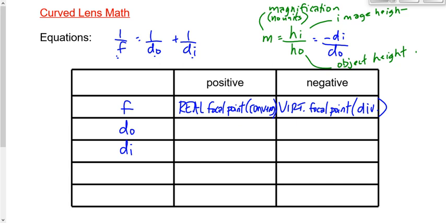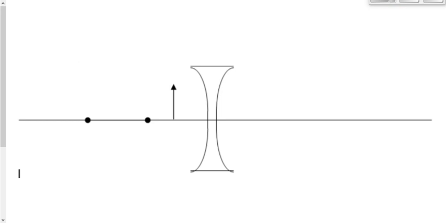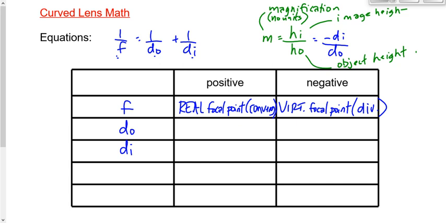They diverge away from the focal point, right? We draw that ray diagram here. That's not converging at any focal point. That's diverging away from the focal point. So a converging lens always has a real focal point or a positive F. A diverging lens always has a virtual focal point or a negative F.